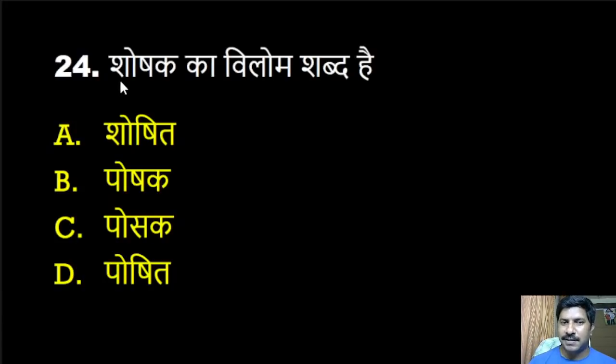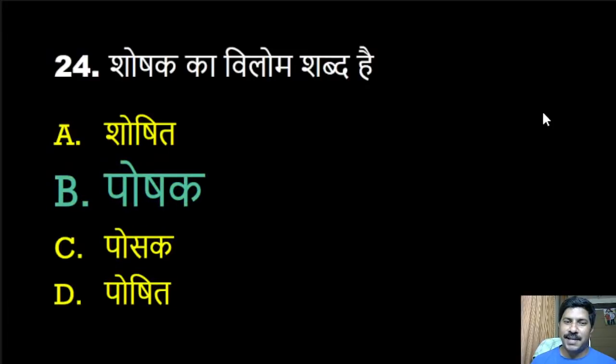That is why I selected this word, shoshak. Protein, energy, malnutrition, and nutrition. In that case, we can find this word. Correct answer is option B, that is poshak. शोषक का विलोम शब्द, the opposite word, that is पोषक.